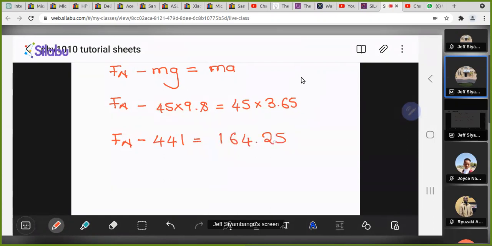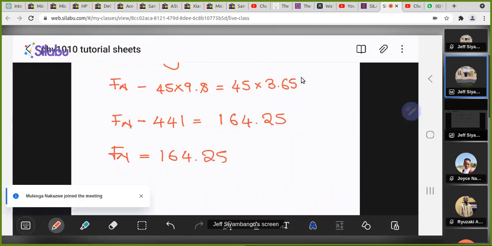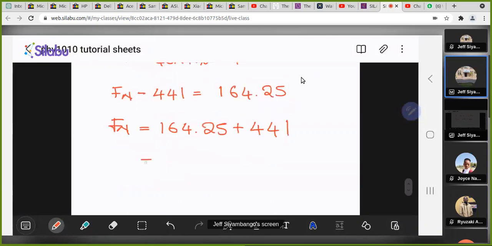So from here, the normal force will be equal to 164.25 plus 441. When I add the two, we end up with 605.25 newtons. So this becomes the reading on the scale. Now, this is if the elevator is going up. So this is the reading on the scale.